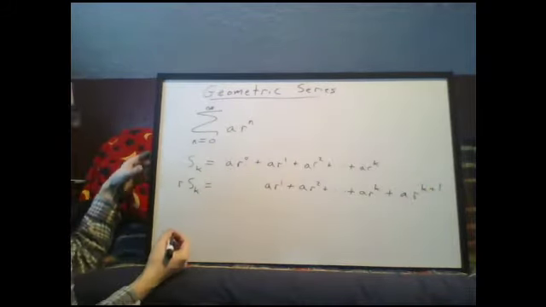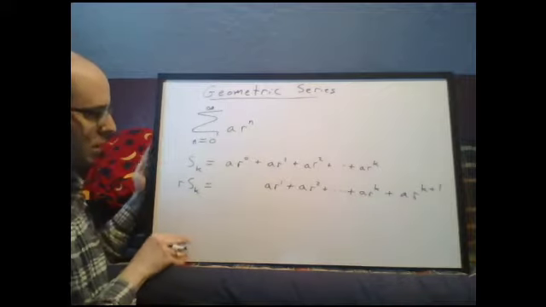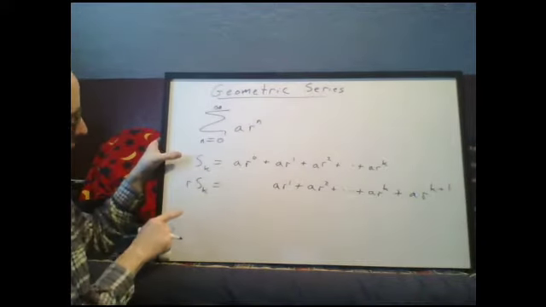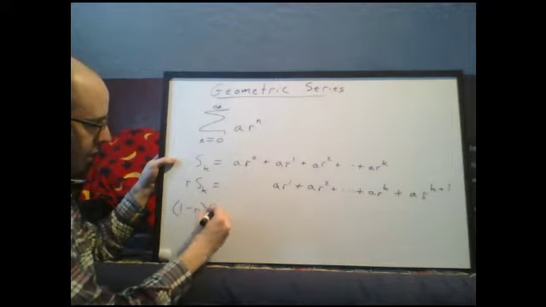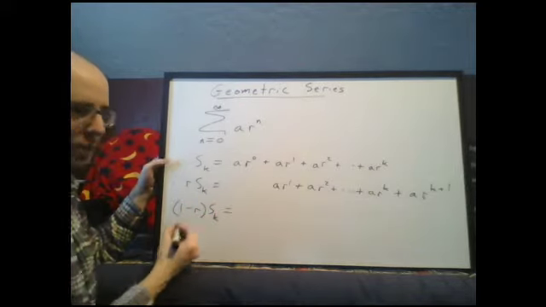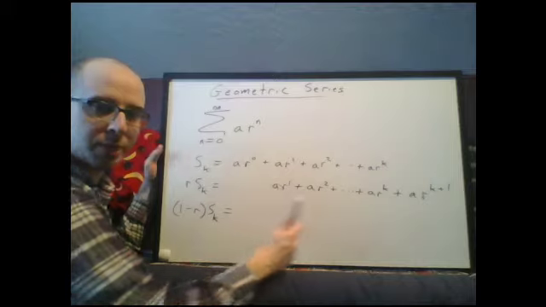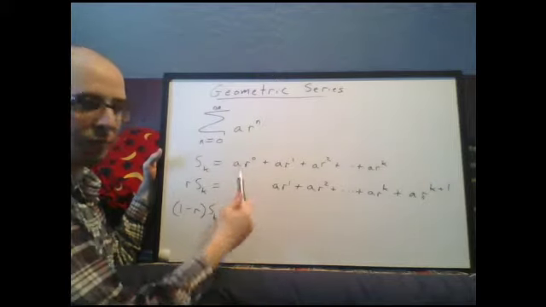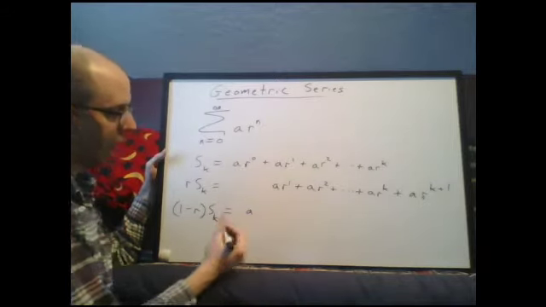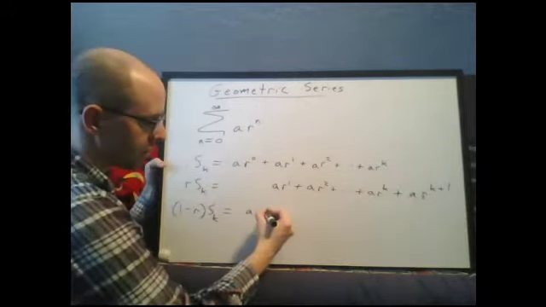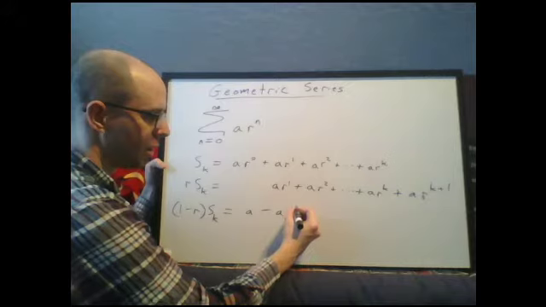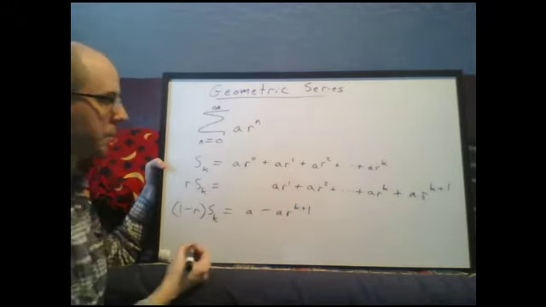Now if we subtract, I'm going to skip some of the steps here. If I subtract, I get 1 minus r times sk on the left side. And then again, most of my columns cancel. I'm just left with ar to the 0, which is a, since r to the 0 is 1. And then 0 minus this gives us minus ar to the k plus 1.